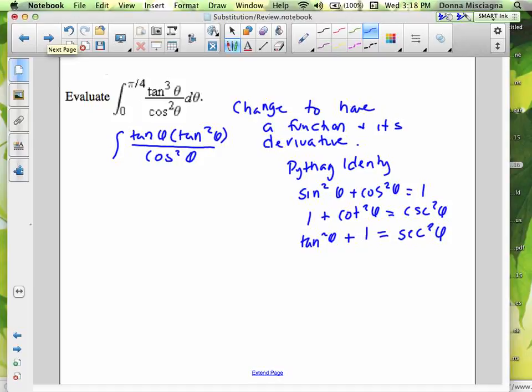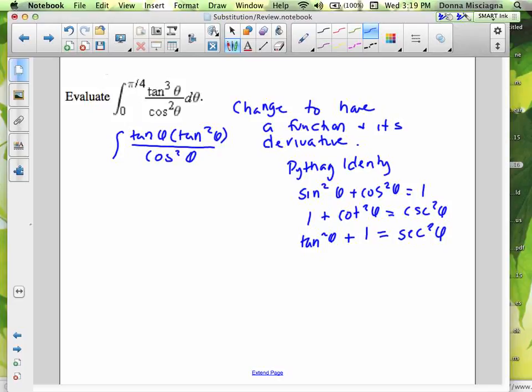And we want to make something a little bit better here. So we're going to change the tangent squared to secant squared minus 1. I don't know if that helps, but we can do that. But what's the derivative of secant? Secant tangent. Good job.